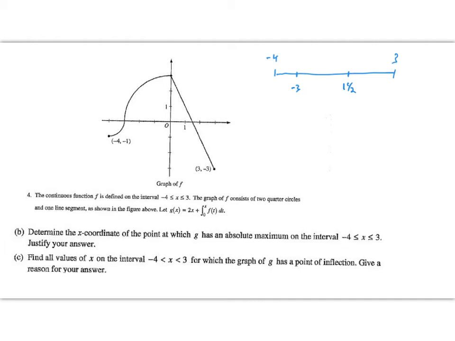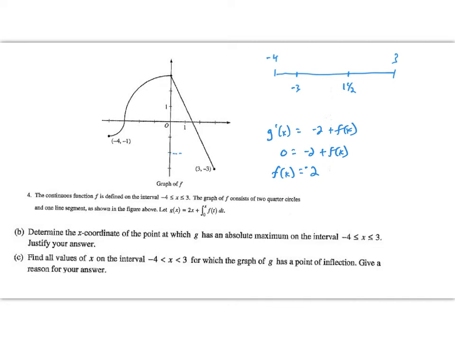This has to do with G, though, so we've got to be careful here and make sure that we get this right, where G has an absolute maximum. So let's go back and recall what the derivative of G of x is. The derivative is going to be -2 plus f of x. So if this is going to be 0, then this occurs when f of x is equal to -2. All right, now where does that occur?